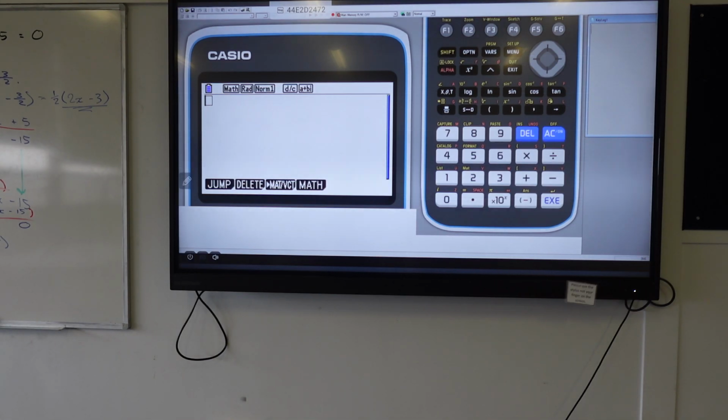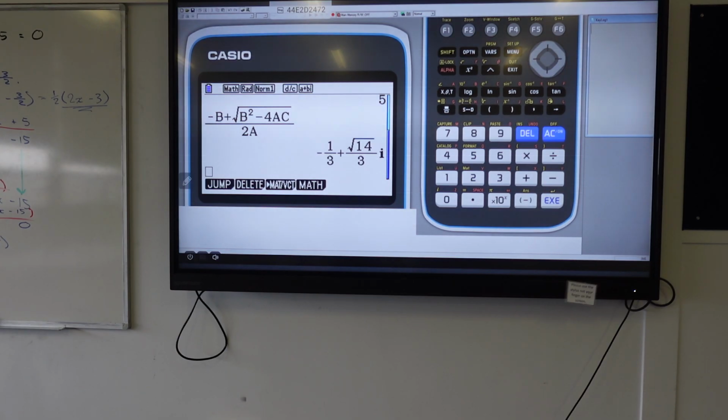So we're going to go 3 into alpha A, 2 into alpha B, and 5 into alpha C. Okay, negative b plus the square root of b squared take 4ac all over 2a. What sort of roots are we expecting? Imaginary. Or we're expecting complex.